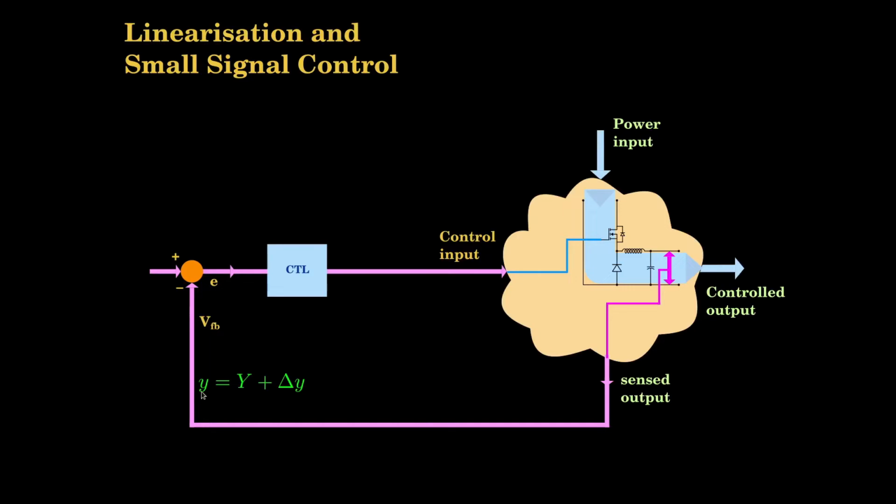Now here, this Y that you are sensing comprises two parts: the operating point Y and the deviations in the neighborhood of the operating point, or the nominal Y. That is this lowercase y that we have written, and the reference will be the operating point Y, the uppercase Y. So there is an error, which means the error is the deviation in the neighborhood of the operating point, that is delta Y, which passes through the controller and results in the control input. This is what the normal controllers will do.